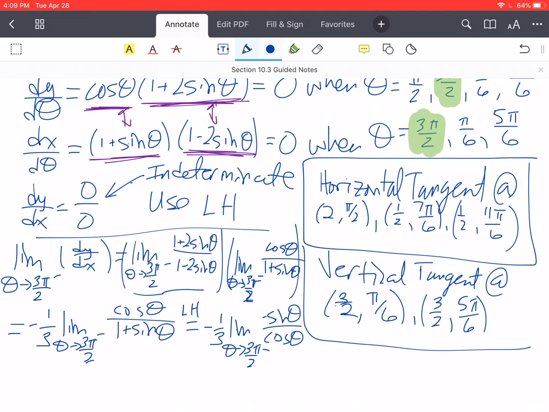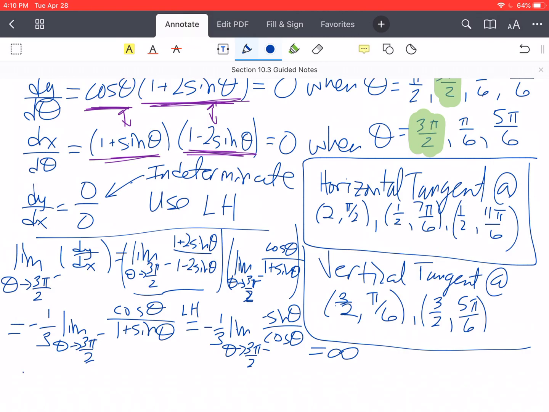And if the denominator is getting really, really small, that means the whole term is getting really, really big. So this is going to be growing infinitely large as we head towards 3 pi over 2 from the left. So this equals infinity.